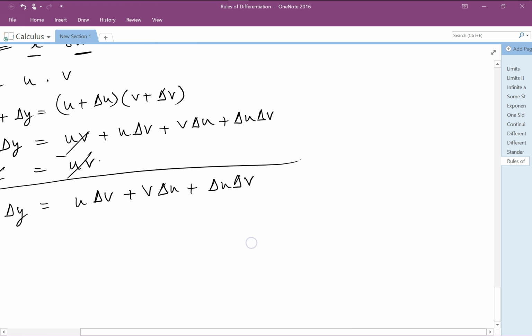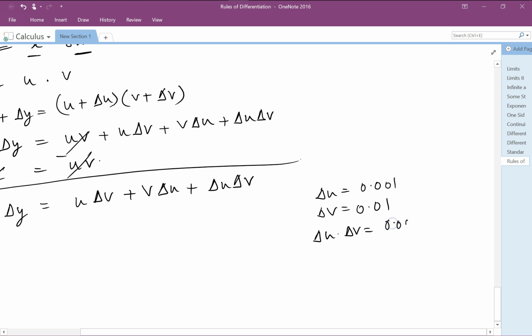Let's say delta u is 0.001 and delta v is equal to 0.01, right? So what will be delta u times delta v?